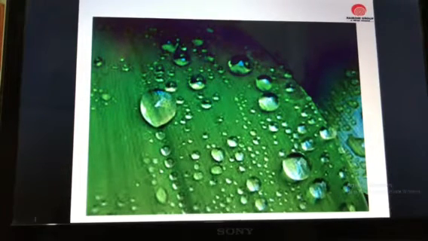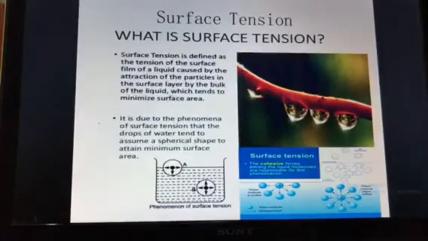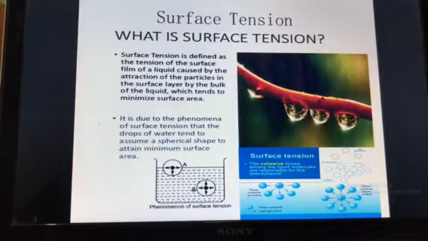So why do these observations occur? Because the liquid droplets behave like a small membrane or small balloon filled with liquid, and the surface of this liquid acts like an elastic membrane due to the surface tension. So we will see the property surface tension. What do we mean by surface tension?